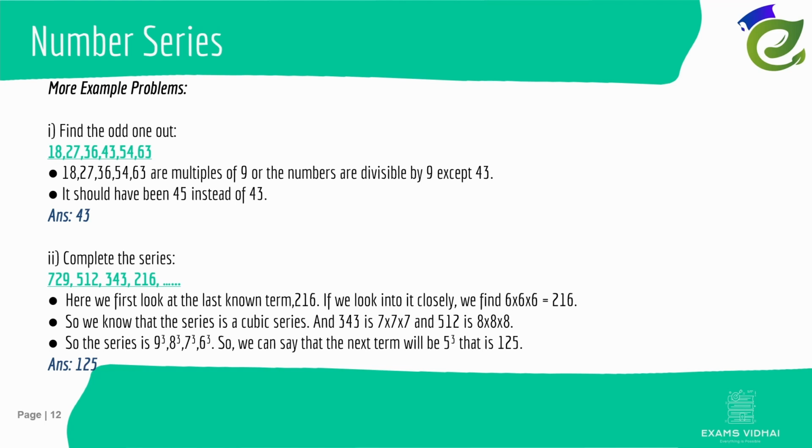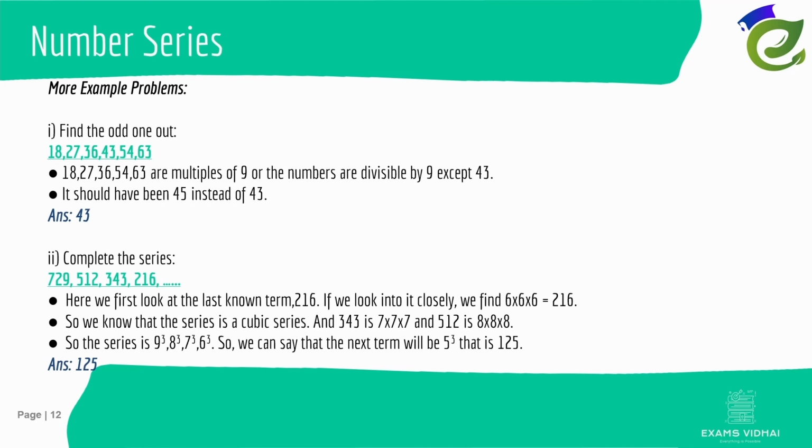Now second question, complete the series. We are given with 729, 512, 343 and 216. Here we first look at the last known term, that is 216. If we look into it closely, we find 216 is equal to 6 cube, that is 6 into 6 into 6.